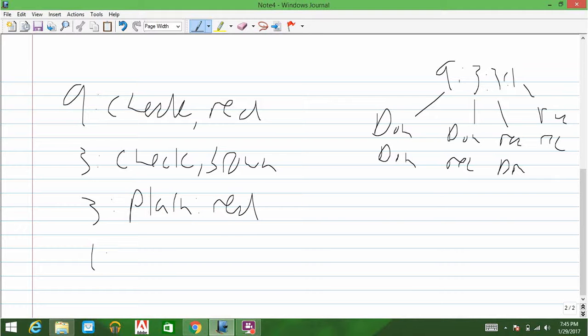And then you're going to have 1 plain brown. Okay, so like I said, if you can just remember the 9:3:3:1 ratio, that'll save you a lot of time on the test. Otherwise, I'll show you how to work it out the long way, but it's a little bit more of a pain. It's definitely a lot slower.